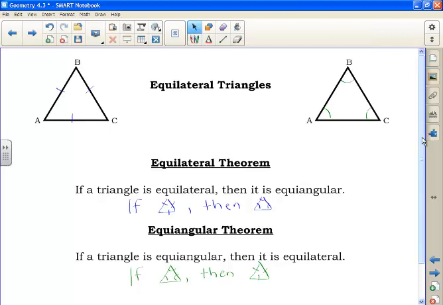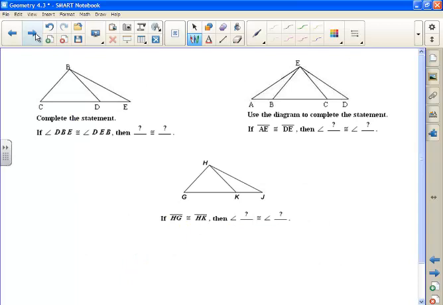So now that you've learned the theorems, let's try a couple of problems where you'll need to apply them. These first three problems will help us figure out what the base angles theorem and its converse actually mean. So in the first problem, it just says to complete the statement. It says if angle DBE is congruent to angle DEB, then which two segments have to be congruent? So let's mark on here which two angles those would be.